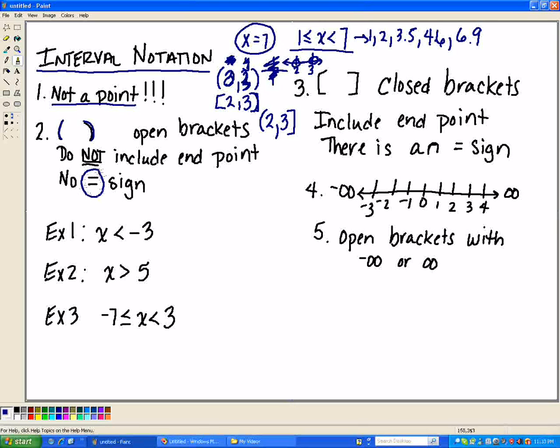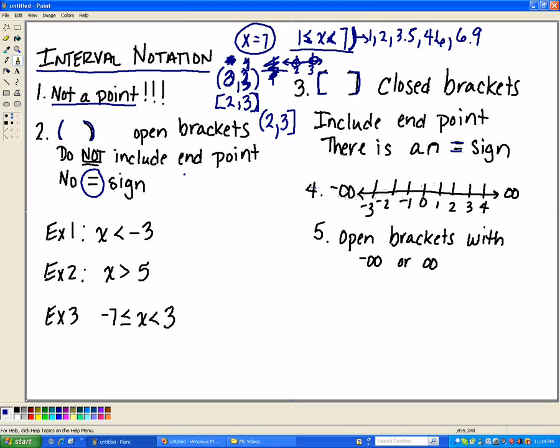In other words, there's no equal sign. Here I have an equal sign, so I wouldn't use an open bracket. No equal sign, I use an open or rounded bracket. I'll give you an example in a second. We use square brackets, or closed brackets, when we want to include our endpoints. In other words, there is an equal sign.